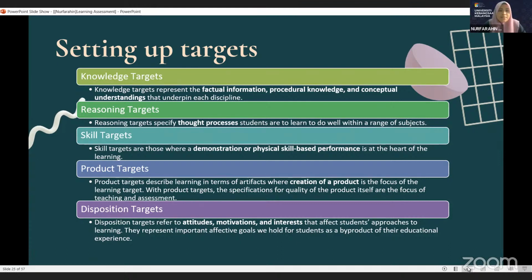And the last type of target is disposition targets. Disposition targets refer to attitudes, motivations, and interests, more on the psychological aspect of the learning. So there are different targets that the teachers can set up so that the assessment is more targeted at each student's learning needs.